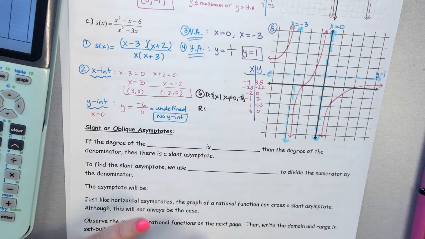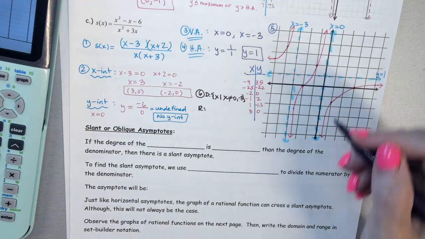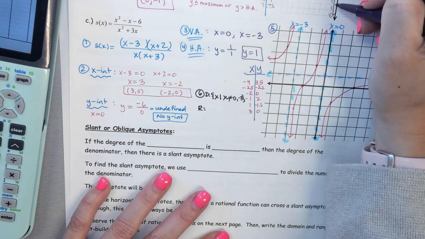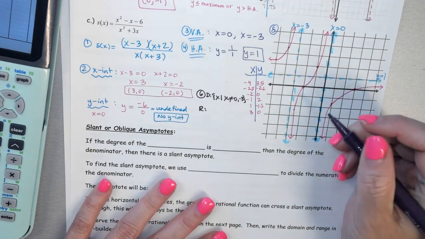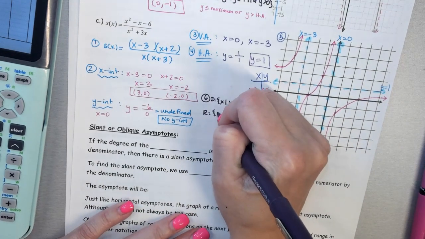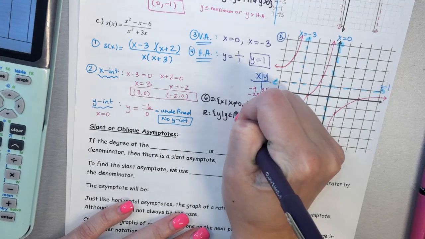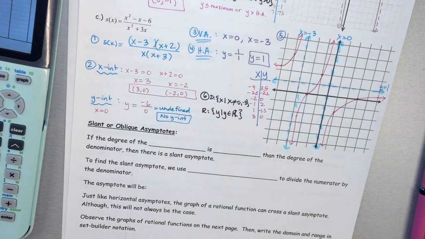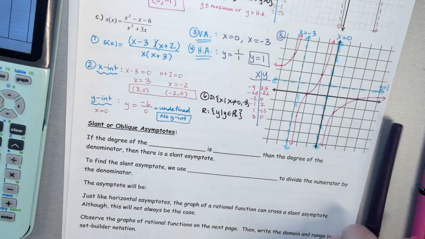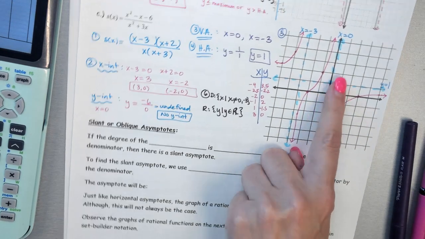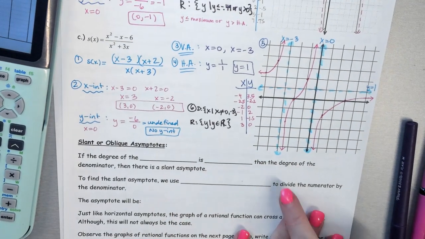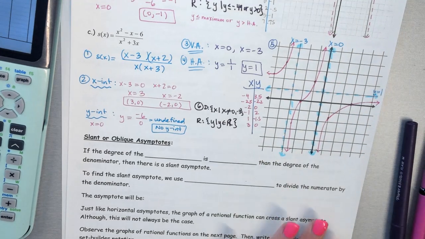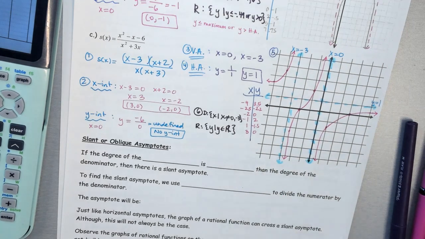The range, for this case, because you have this function here that goes to infinity and -infinity, your range is going to be all real numbers. Okay, so anytime you have a function that goes through the horizontal all the way up and all the way down, it's going to be all real numbers.